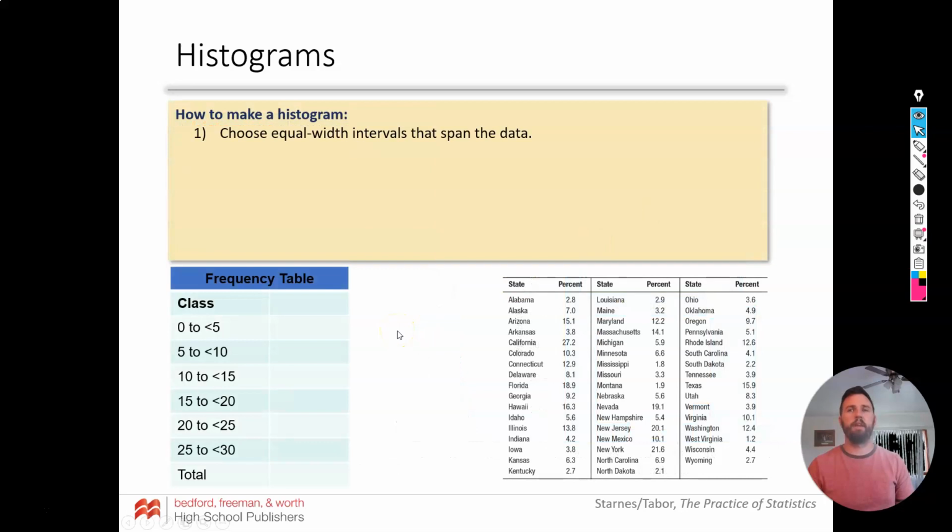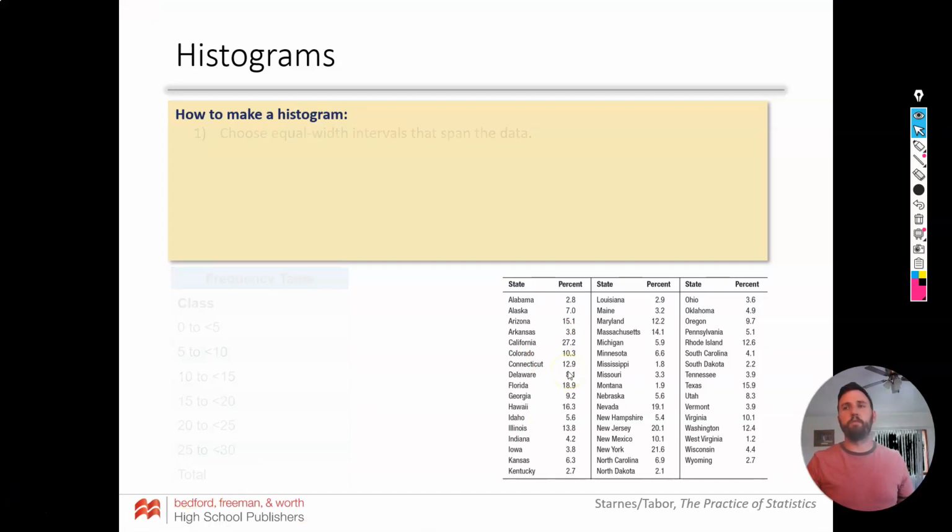How do you make a histogram? Now this is important when you make a histogram because you're dealing with numbers. A lot of times there's a whole bunch of 2.7s, 2.8s. You don't want to make a bar for every different piece of information. So instead what you do is you make a frequency. We don't want to make a bar for all of them, so we're going to make a range.